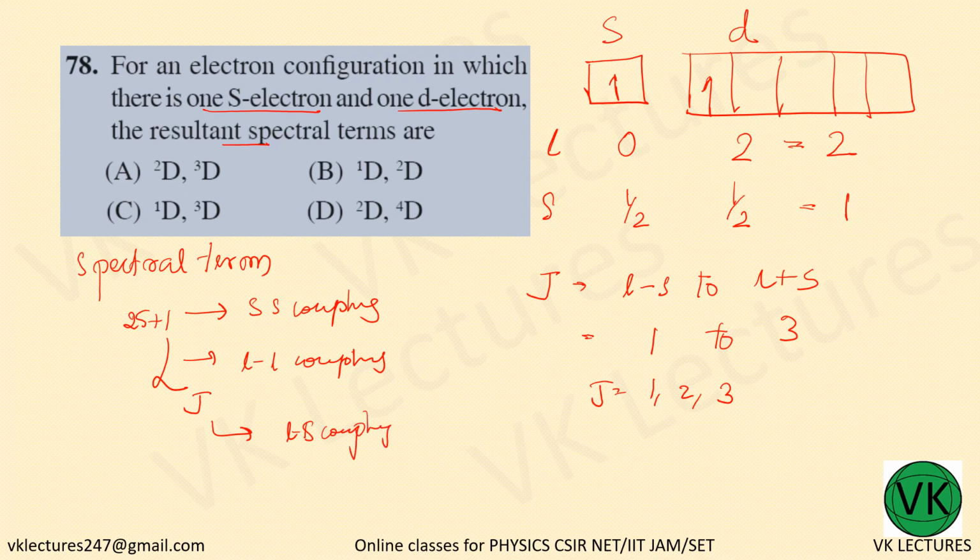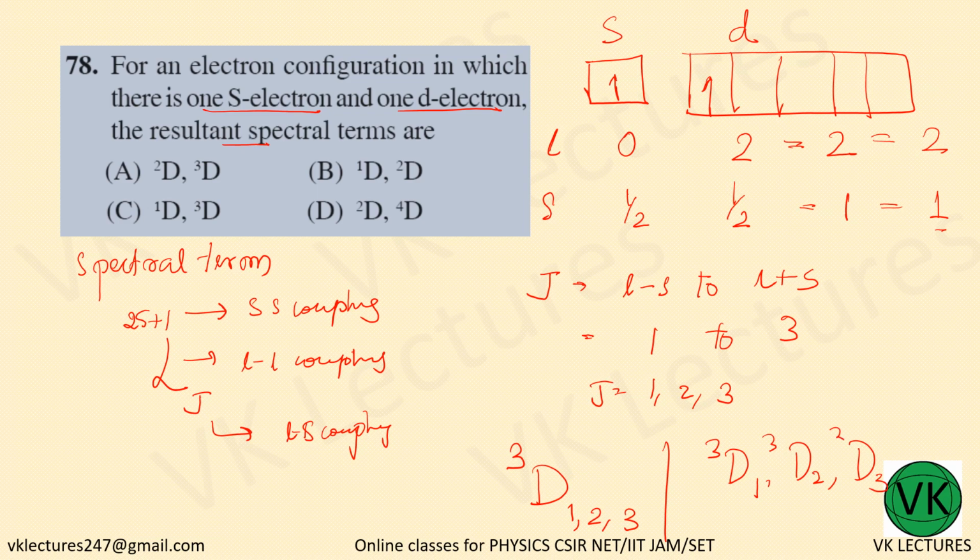Now the total L value is 2, and S value is 1. L equal to 2 represents the D state. Then J values are 1, 2 and 3. 2S plus 1, with S equal to 1, is 3. So the spectral terms are D13, D23 and D33. These are the spectral terms.